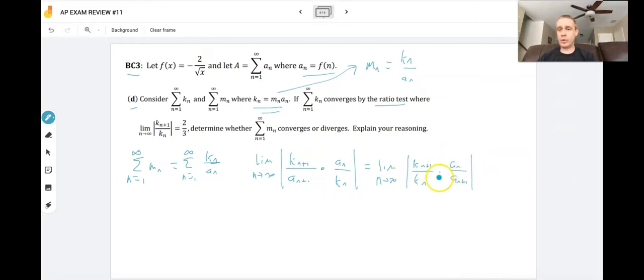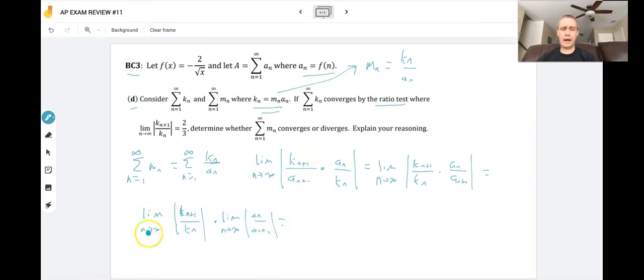Now, furthermore, we learned that when we have a product within our limit, we can split that into the product, that the limit of the product should equal the product of the two limits. So I'm going to write the limit of this particular ratio here times the limit of the ratio of a sub n over a sub n plus 1.